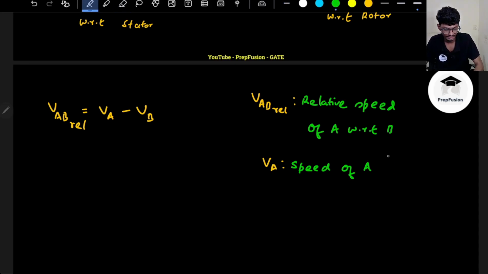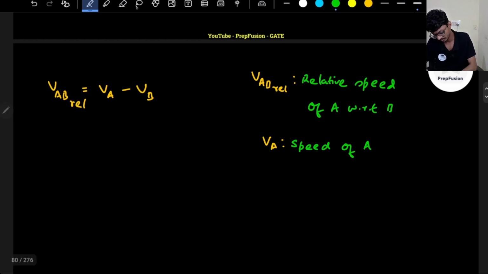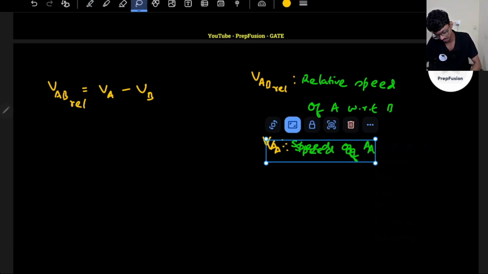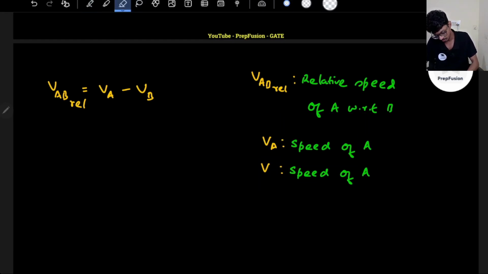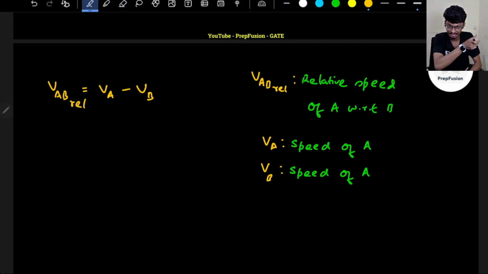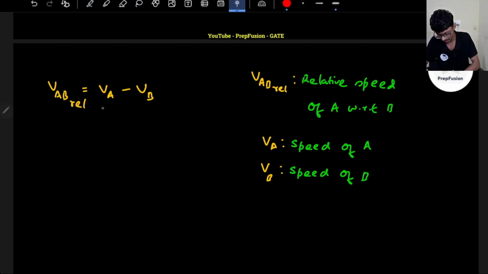If I am not mentioning anything, that means it is with respect to a stationary object. Same for VB: it is the speed of B with respect to a stationary object. You can flip it as well. VA can be the speed of A with respect to an object C, and VB the speed of B with respect to the object C. That also works, because ultimately if you take the difference, the common point goes away.